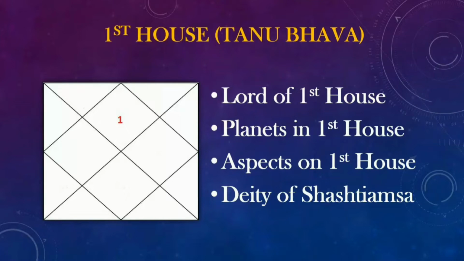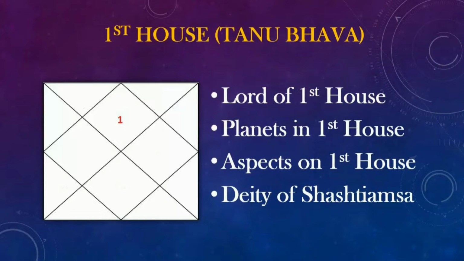Therefore, the strength of the first house of this divisional chart increases the rate of success and prosperity in life. Even if you have any malefic yogas in your horoscope or any malefic planetary placement, if your first house is strong, believe me, 80% of your problems are solved.